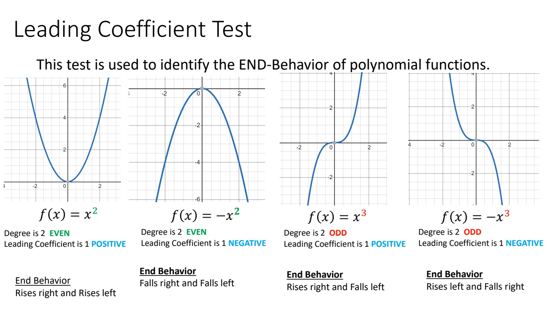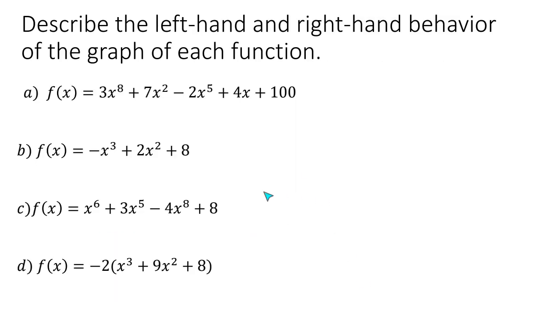How can we use this information? Let me give you some examples. Okay, so here we have describe the left hand and right hand behavior. So the first one is f of x is 3x to the 8th plus 7x squared minus 2x to the 5th plus 4x plus 100. So first we need to decide what is the degree.